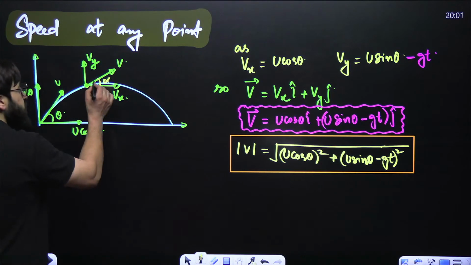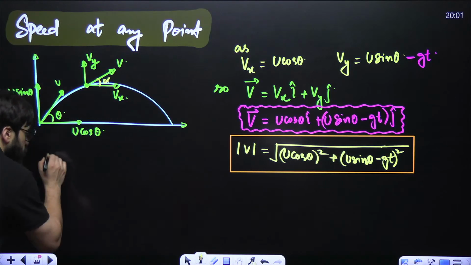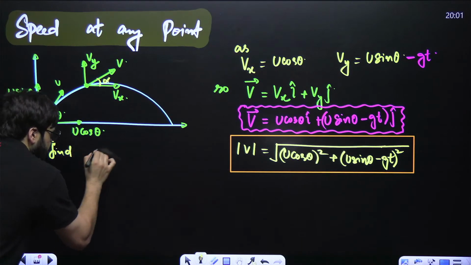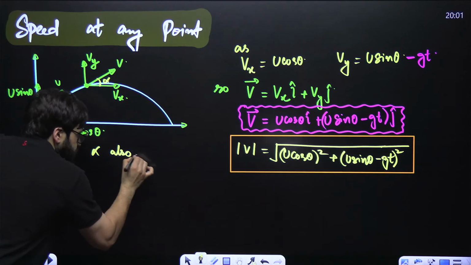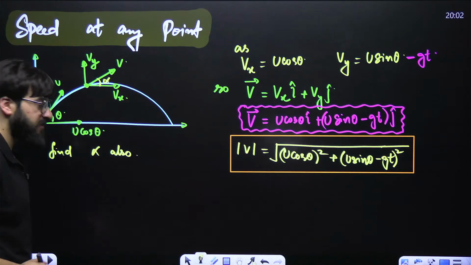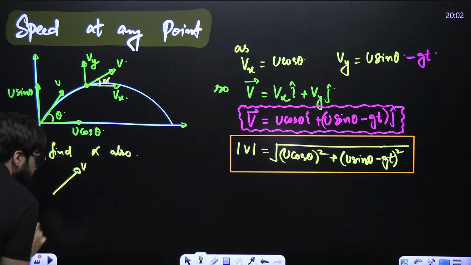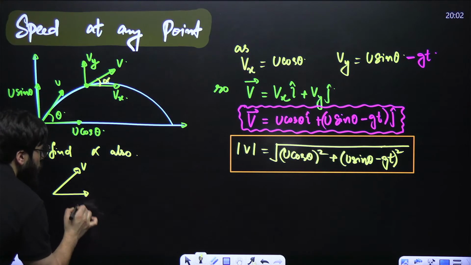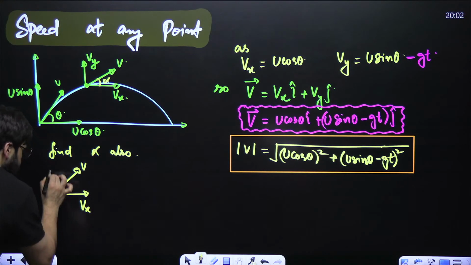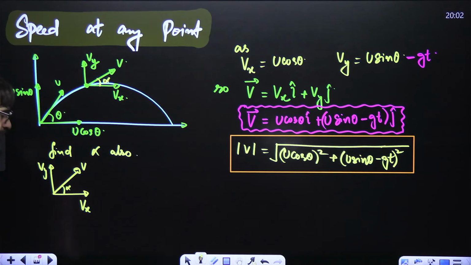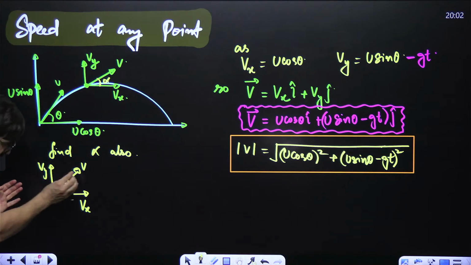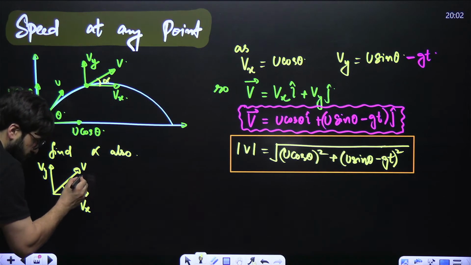And even if somebody asks you to find this alpha also, guys, see, how do we find the alpha? We have got velocity V over here. This is V, and this is Vx, and this is Vy. This angle is alpha. Now, can I take this vector from here to here? Is it possible? Yes, we can do it.